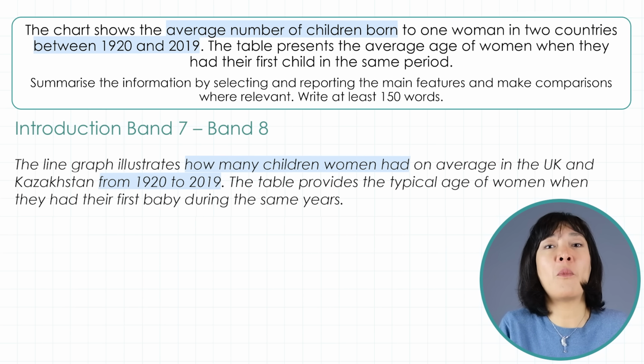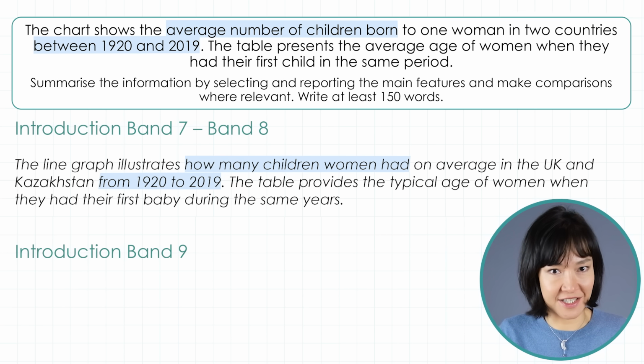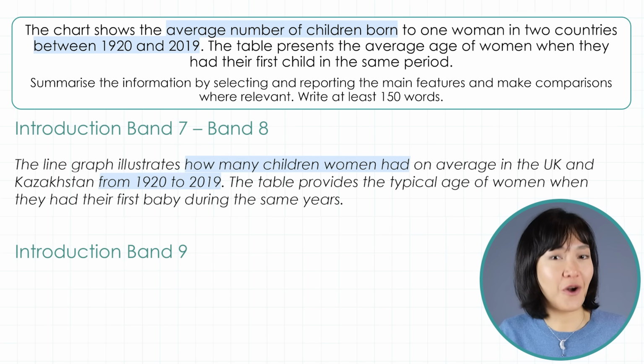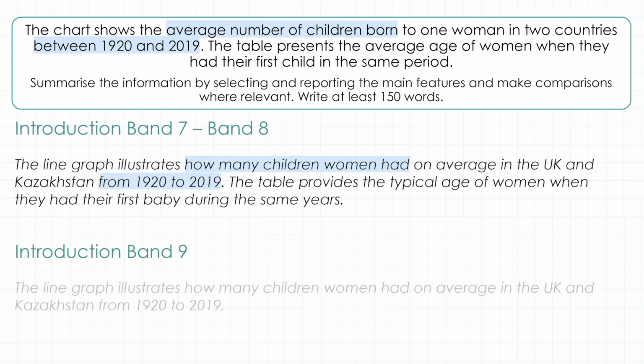But if you're more advanced, you could do something interesting here. Instead of writing 2 simple sentences like we just did, which is good, you could write a complex sentence with "while." So the first sentence about the line graph remains exactly the same. So the line graph illustrates how many children and so on.